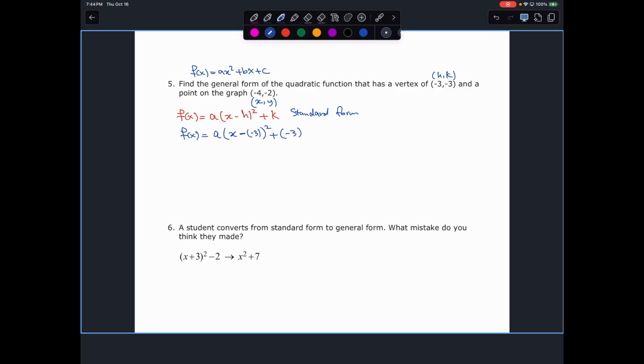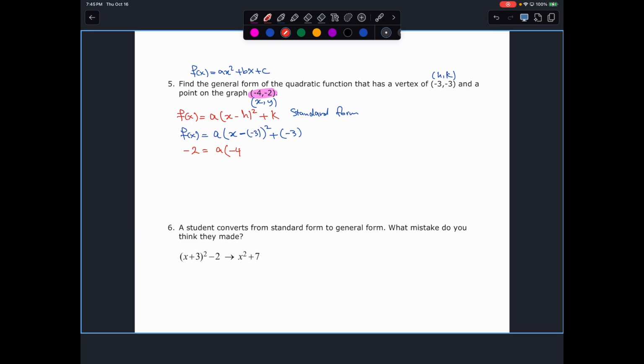Now, in order to find the a, I am going to use the second point. I'm going to plug in x of -4, and f of x of -2. So I'm going to replace f of x with -2, and I'm going to replace x with -4.